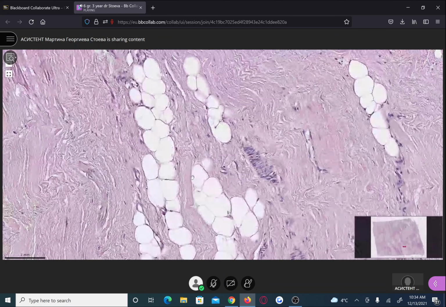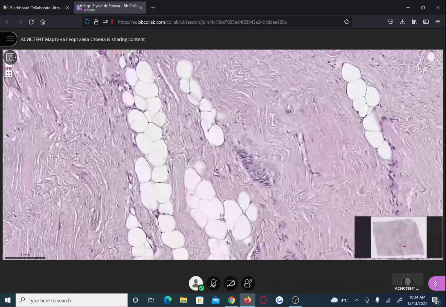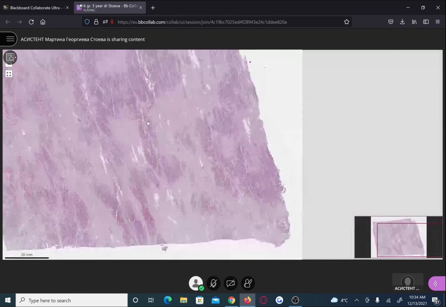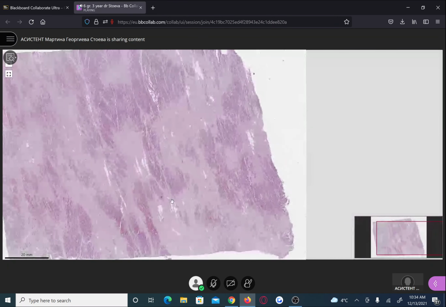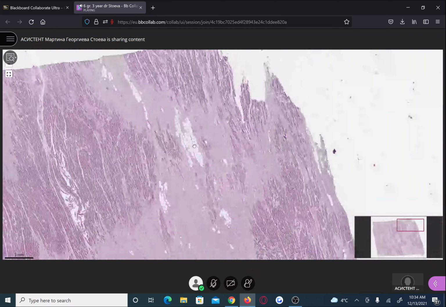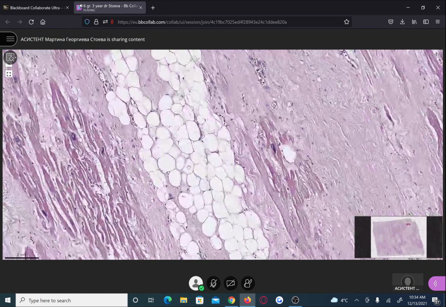Here is the presence of adipocytes at an abnormal place, because normally within the myocardium there shouldn't be any fat tissue, which means that this mature fat tissue is abnormal for the myocardium, and this is known as lipomatosis.